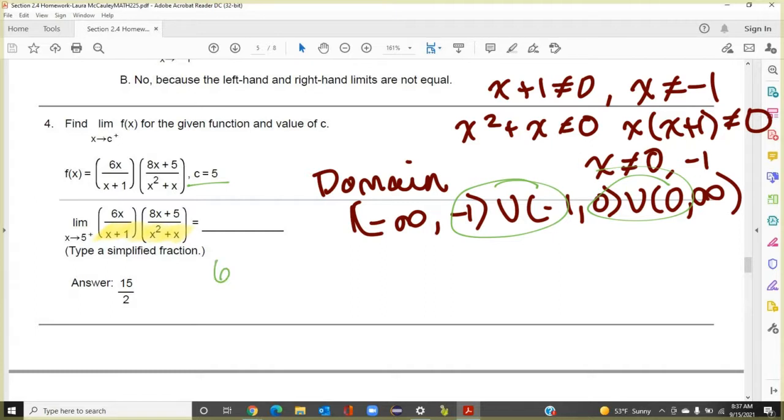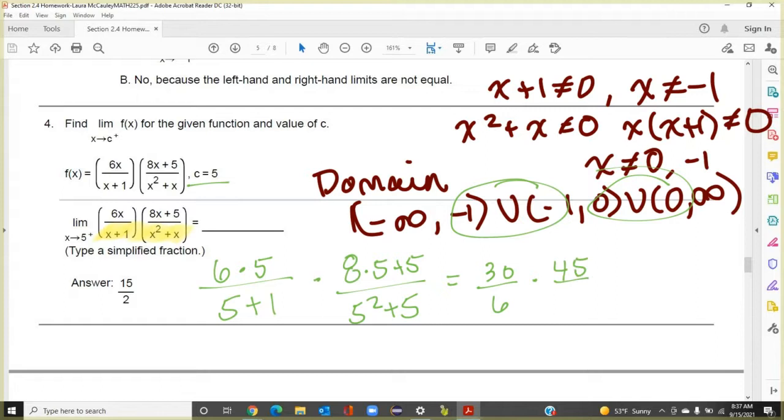So if I just plug in the 5, even a -5 to make things complicated. All right, so we're going to get 30 over 6 times, what's that, 45 over 30.